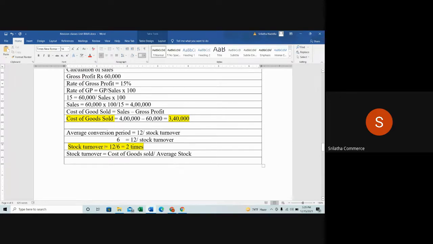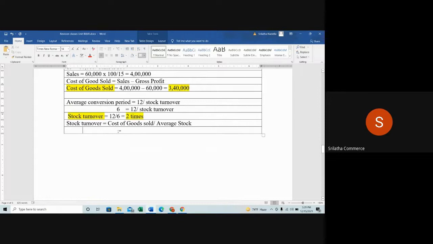Stock turnover is how much? 2 times. So you know stock turnover and you know cost of goods sold. So stock turnover 2 is equal to cost of goods sold, 3,40,000, divided by average stock.